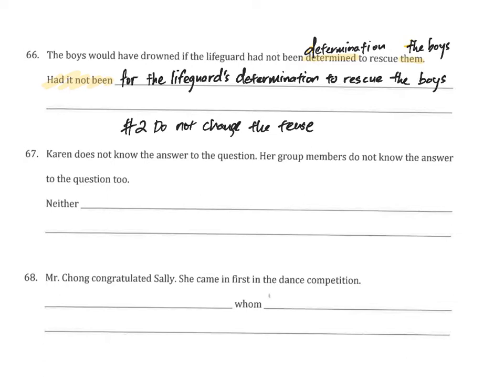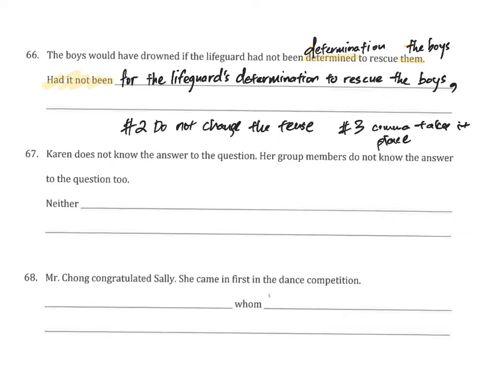All right, so had it not been for the lifeguard's determination to rescue the boys, and remember synthesis rule number 3, when a connector moves to the front, a comma takes its place. So you'll see that these rules take place all over different synthesis questions. So a comma takes its place.